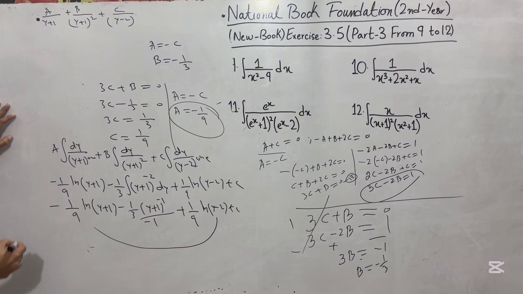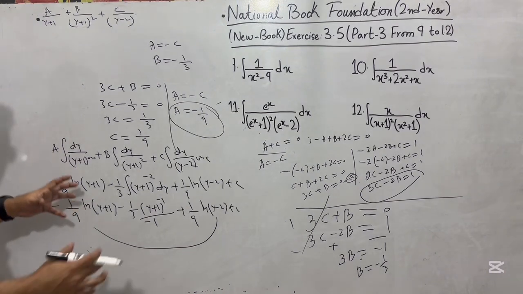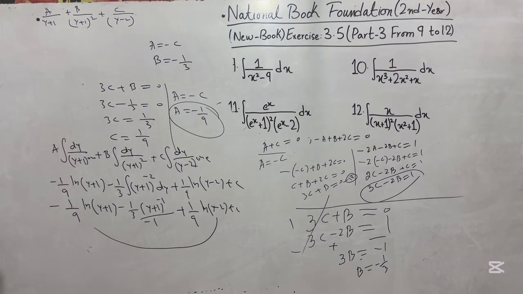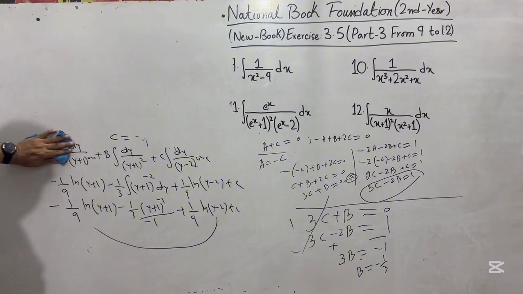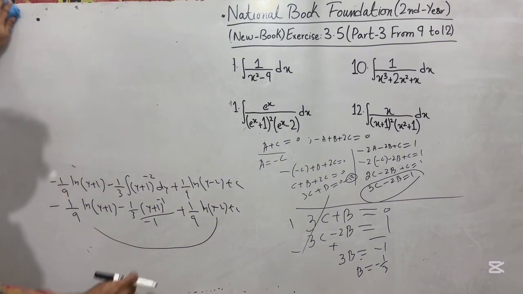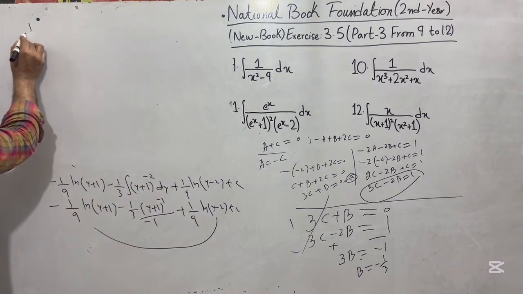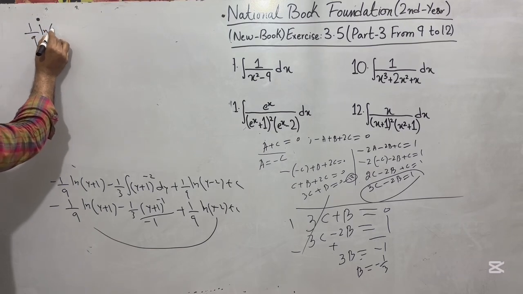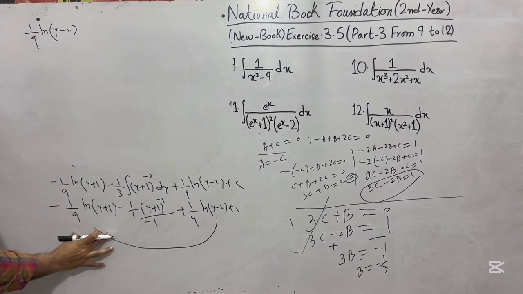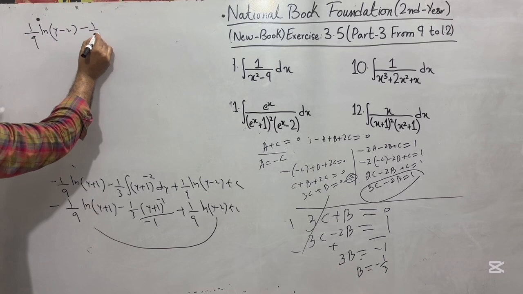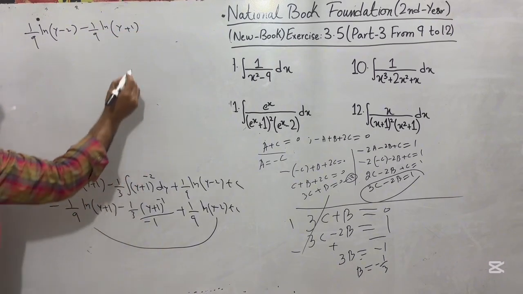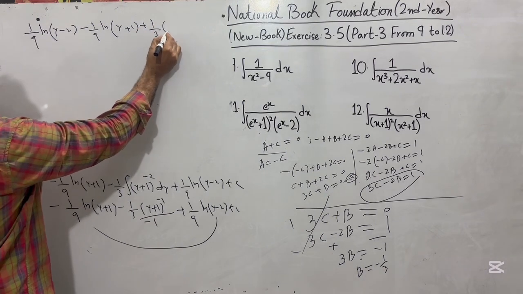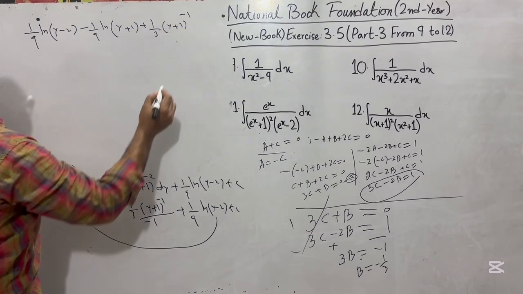If I write them together, taking 1 upon 9 common, I can merge and re-put the value of y. Here, writing first the positive quantity, 1 over 9 ln y minus 2. Then this one, minus 1 over 9 ln y plus 1. Here, minus plus 1 over 3 y plus 1 raised to minus 1.